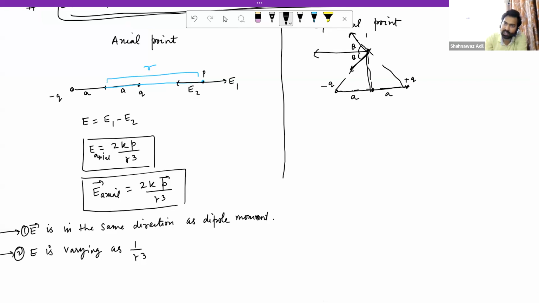We saw that the sine theta components got cancelled, and cos theta got added.